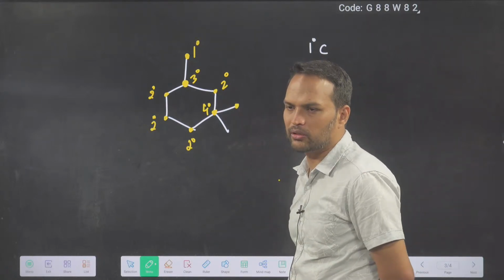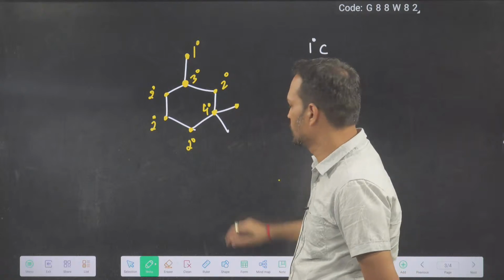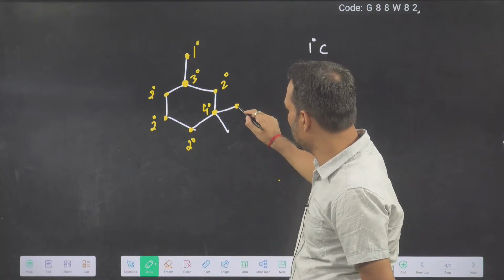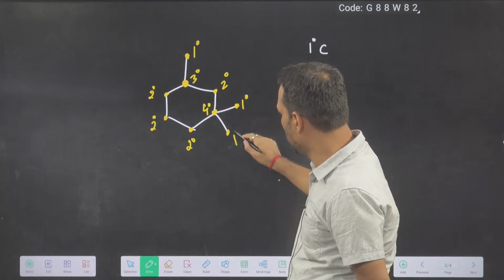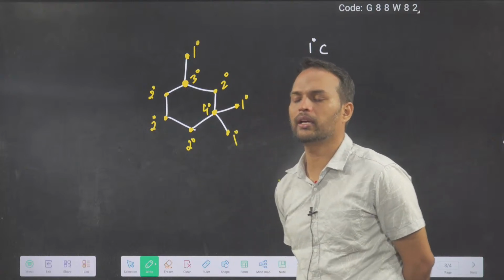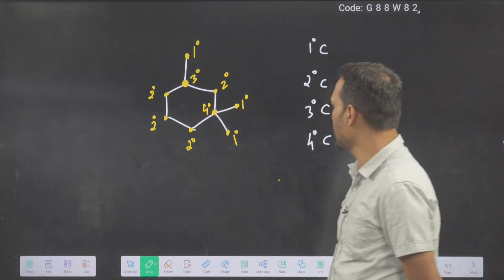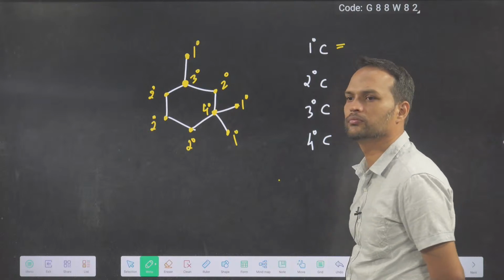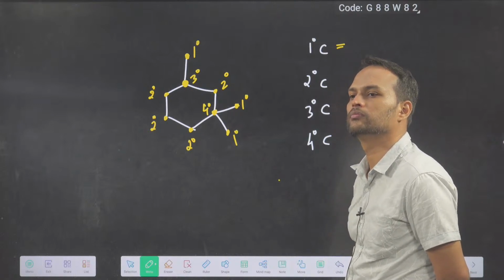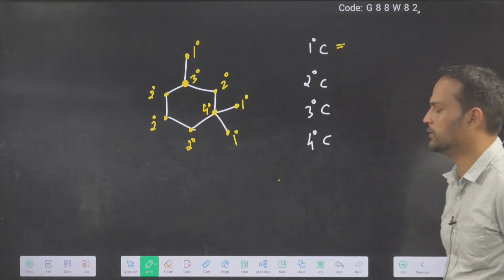This carbon connected to how many carbon? Now we have changed this carbon. Tell me. 1 degree. This one also 1 degree. Is it okay? Understood? So how many 1 degree carbon in total?